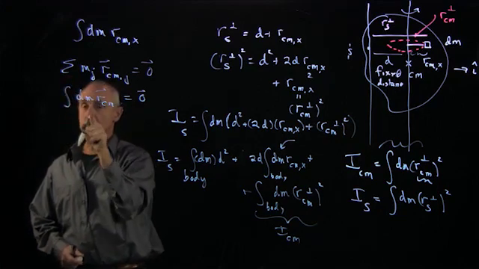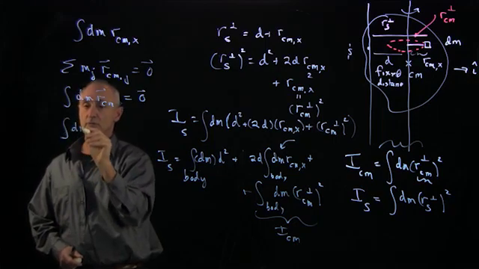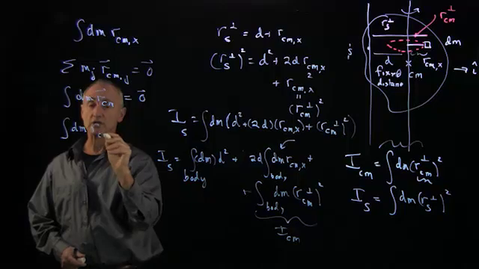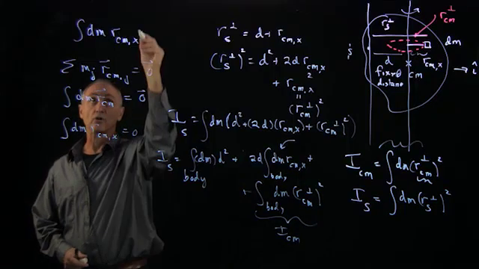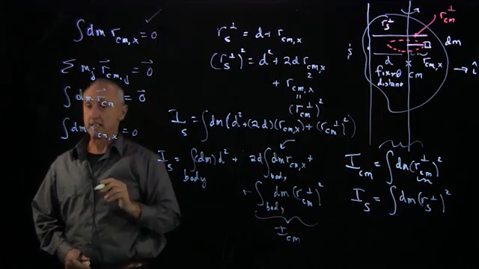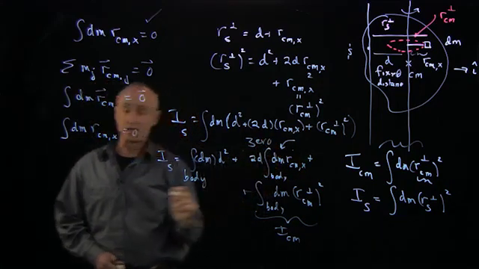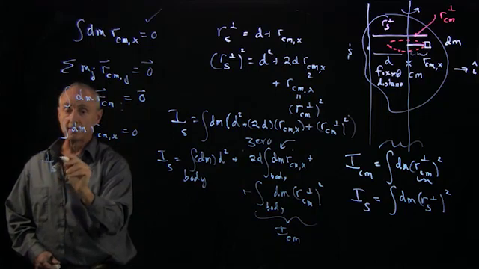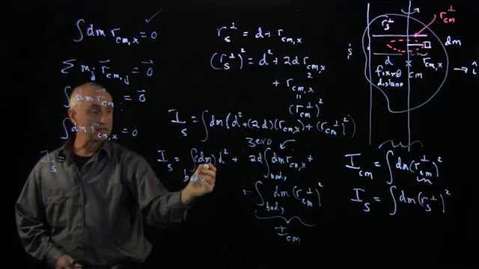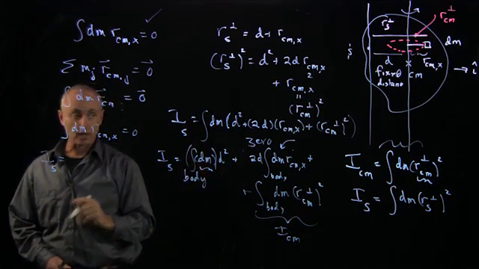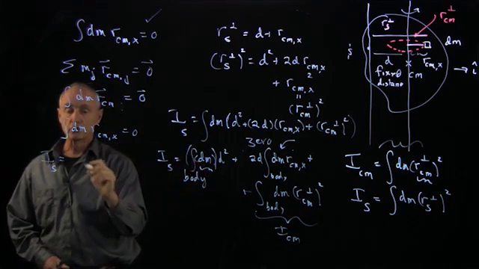What does this say in terms of components? In terms of components, each component separately vanishes, so we have the condition that the integral of dm rcm x is 0. So that term is 0, which is precisely this term. That's 0. And so we can conclude that, now in this term, where d is the same piece for every object, we're just pulling out the total mass.